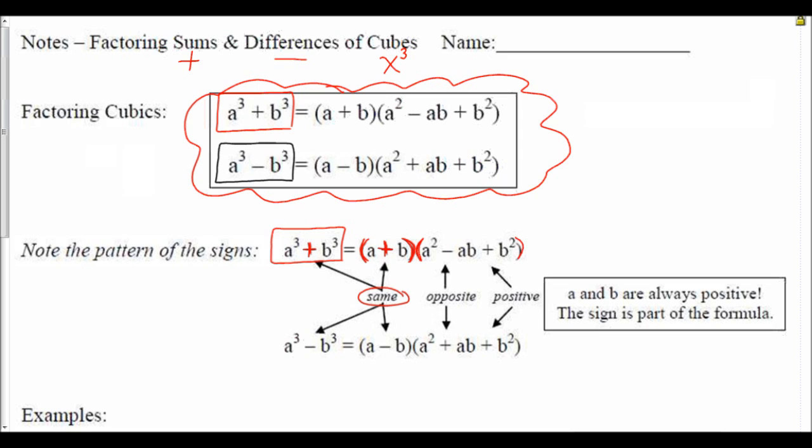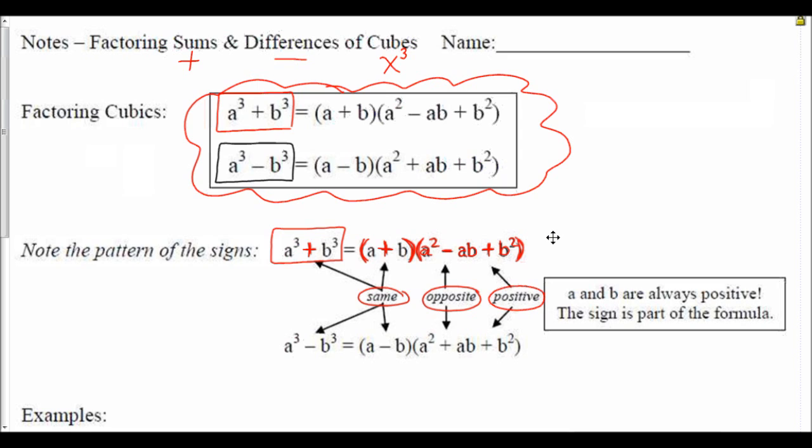In the second factor, the first and the last terms are the squares, a squared and b squared. The middle term is the product a times b, and then the signs: the first sign is the opposite of the original problem, and the last sign is always positive because it's a squared term.